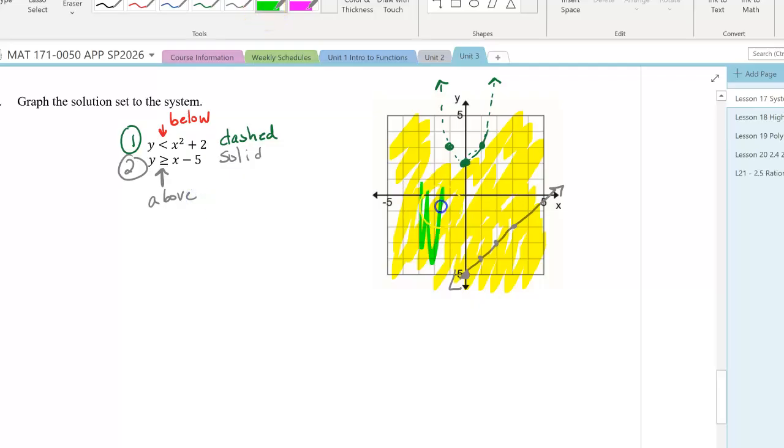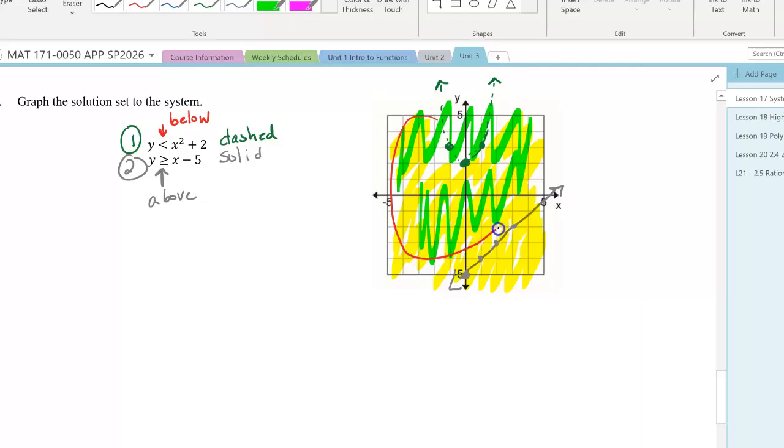That would be above here. And where they intersect is outside the parabola and above the line, the region that has both the green and yellow.